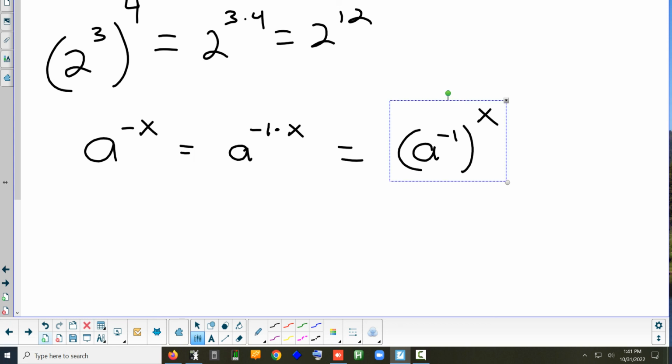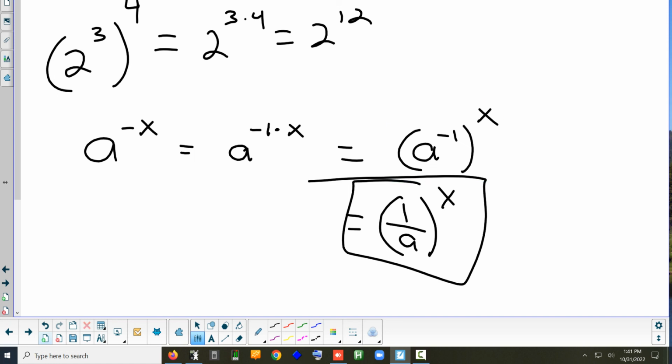Because a power to a power means to multiply those two things together. And what did we just say a to the negative 1 is? We said that was 1 over a. So there's a way that you can get rid of a negative in front of the x.